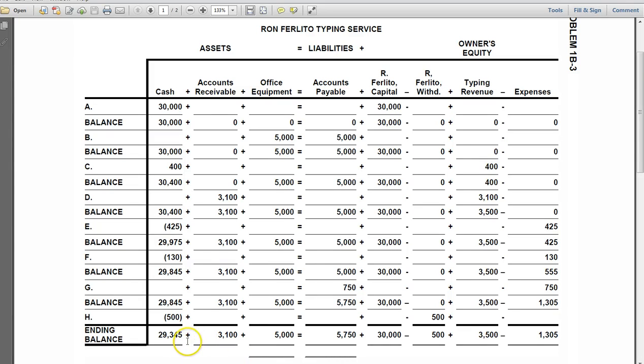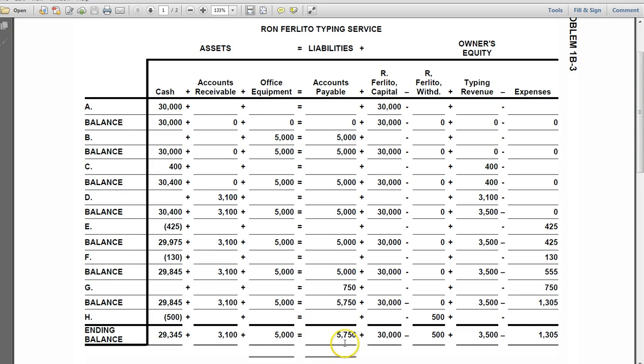37,445. So you can see if you added 29,345 plus 3,100 plus 5,000 equals, they didn't write it in for me, and this is a PDF, so I can't type it in, guys, but you can write it in at 37,445. Okay, and that's the left side, and it has to equal the right side.